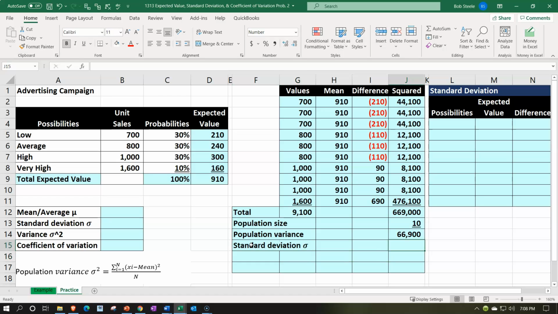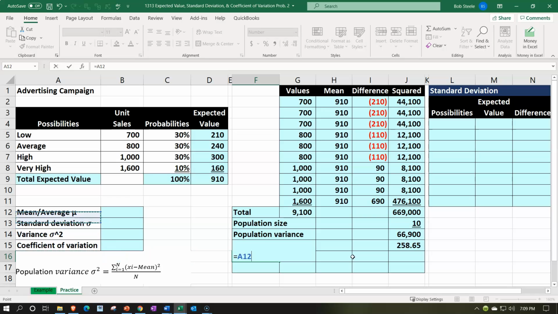And for that, we'll take the square root to get rid of the squared component, equals the SQRT, square root is the function for it, the 66,900. And so then let's add some decimals, number group, adding a couple decimals, 258.65.